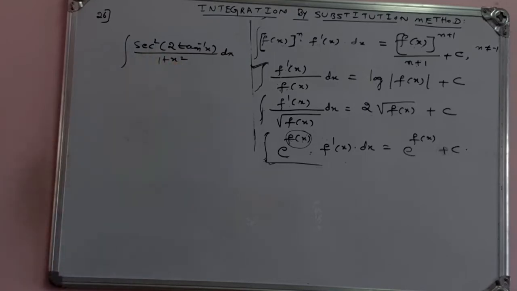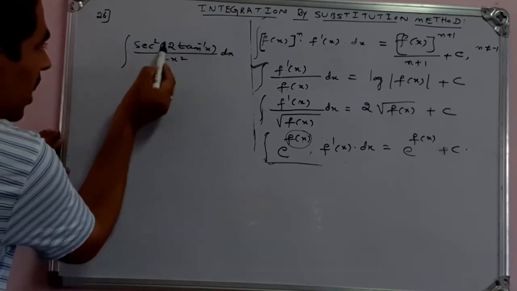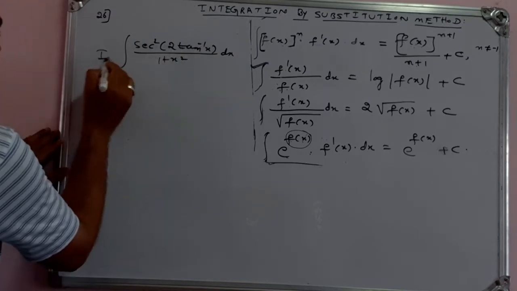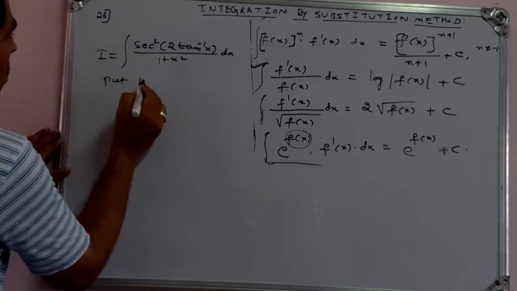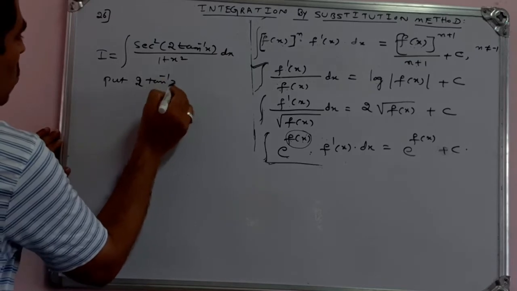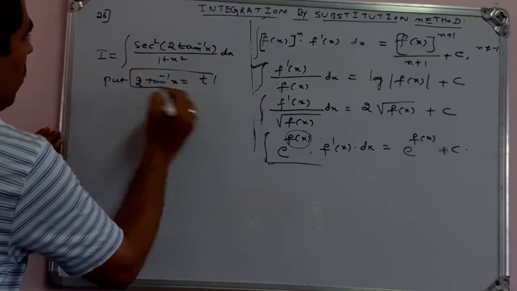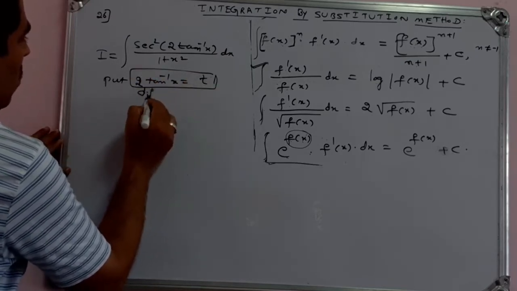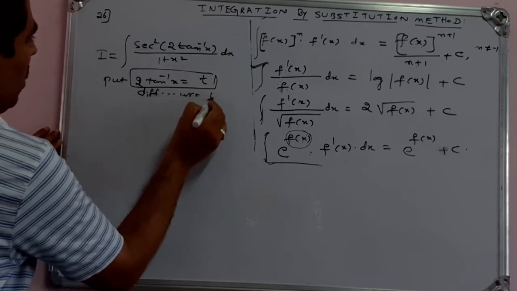Same thing: inside the bracket, 2 tan inverse x. So use the substitution method, put 2 tan inverse x is equal to t. This is our substitution. Now you differentiate.